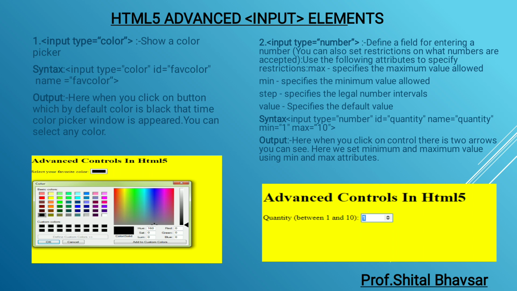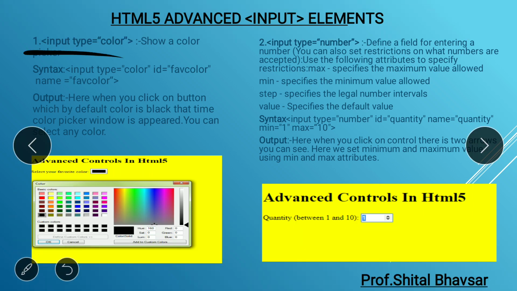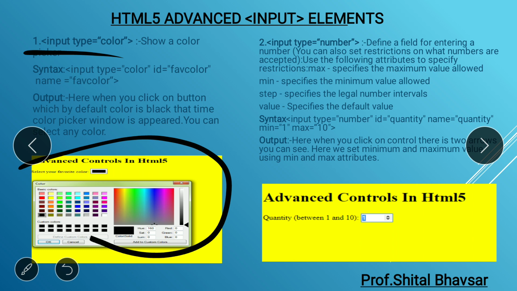Okay. So we already learned about the input type color, right, which is used to show a color picker. So here you can see the output.